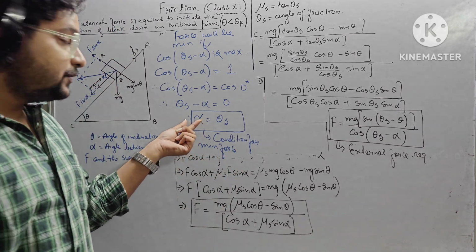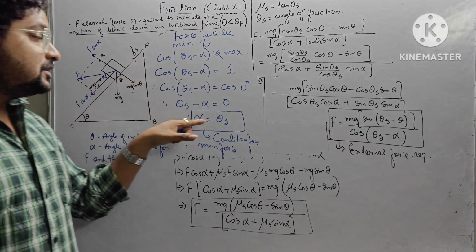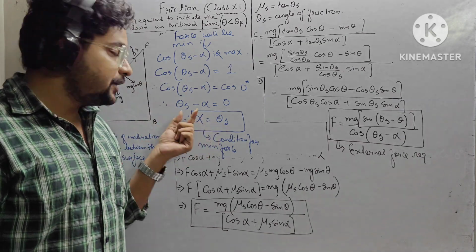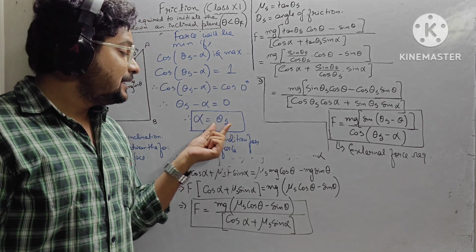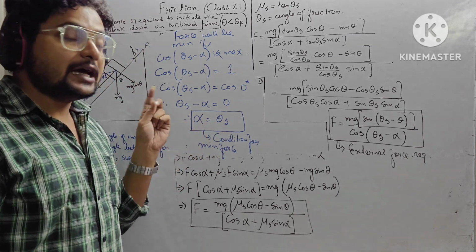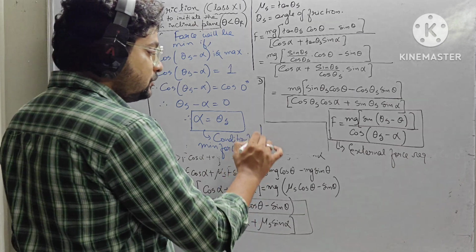That means if I apply the force at an angle which is equal to the angle of friction, in that case I will require the minimum amount of force. And in that case what will be the minimum force?